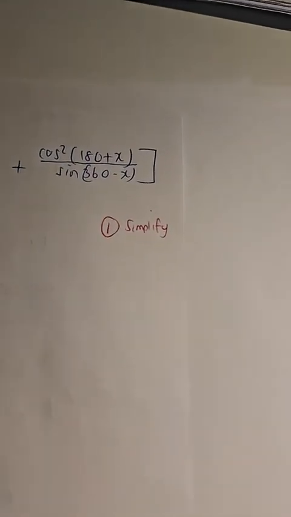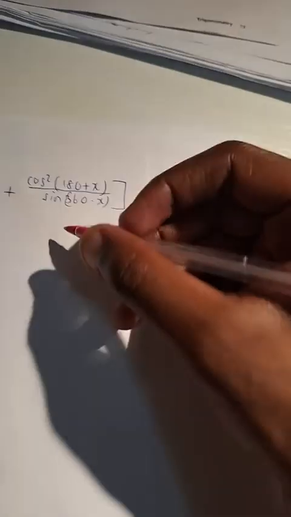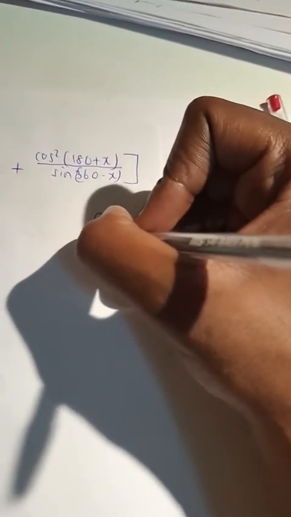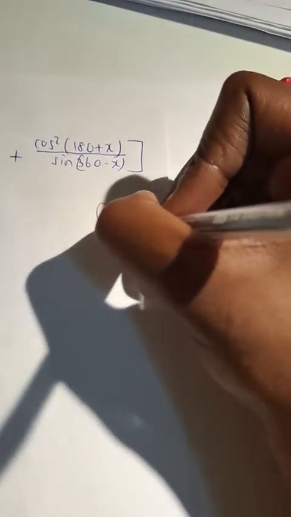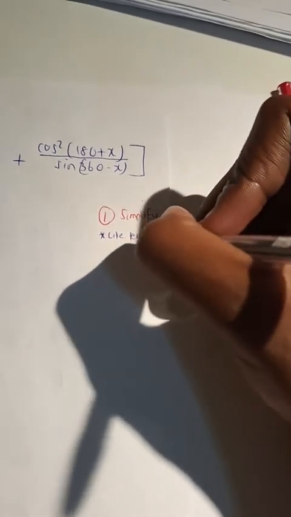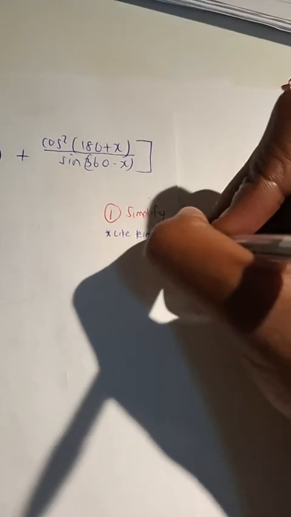Strategy number 1 is you need to simplify. What do I mean by that? If there are like terms, you can add or subtract them.